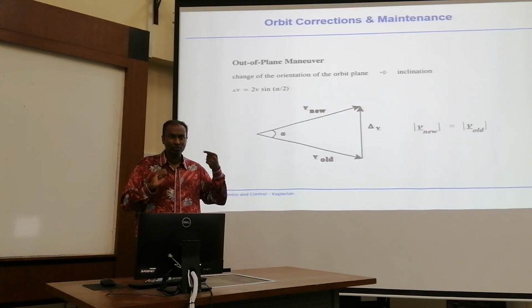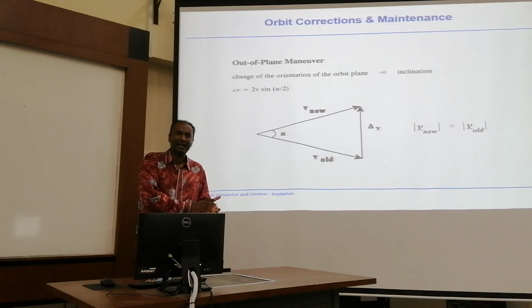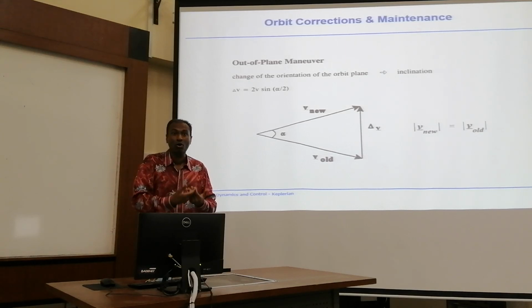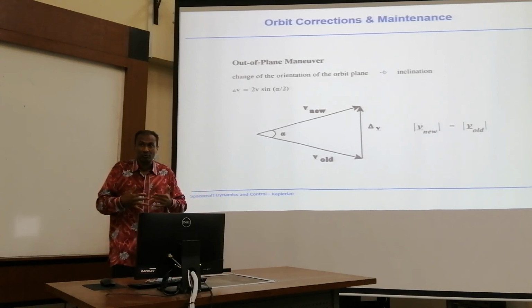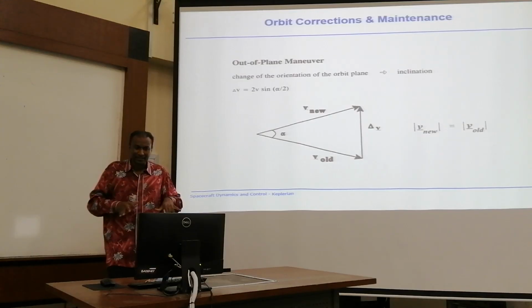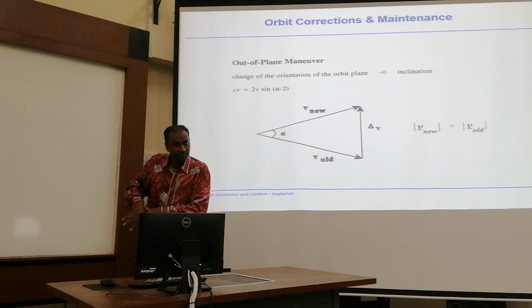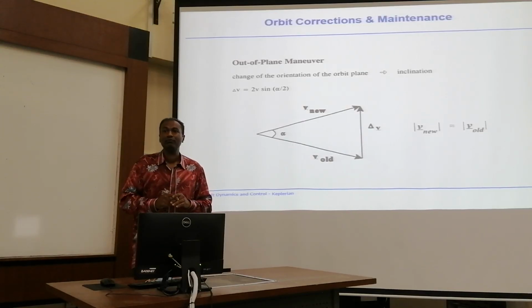Then you know that, okay, I need delta V this much. How do I know? Space mechanics, in the onboard computer, technically you can calculate, or you can do this exercise on the ground. You do all the space mechanics calculation, exactly what you have done in your space mechanics, you do it here. And you know exactly how much delta V to fire.